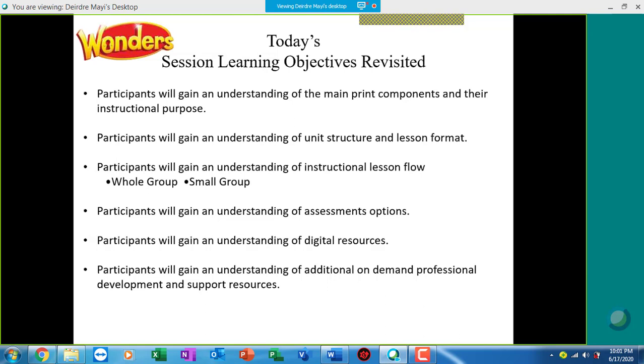I hope you gained an understanding of instructional lesson flow for both whole and small group. And I also hope that you gained an understanding of assessment options. Hopefully you gained an understanding of the digital resources. Note that you will have more training, and that you also gained an understanding of on-demand professional development and support resources.